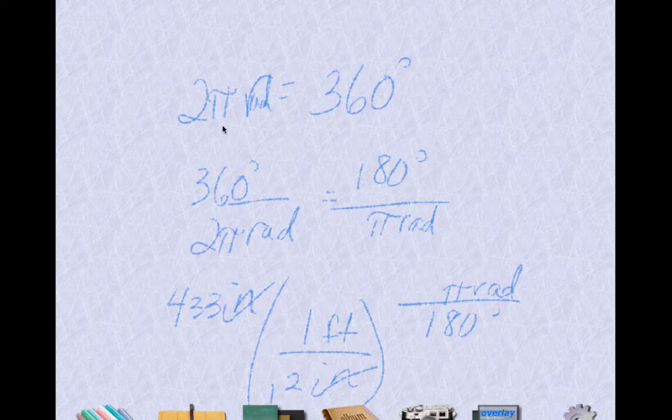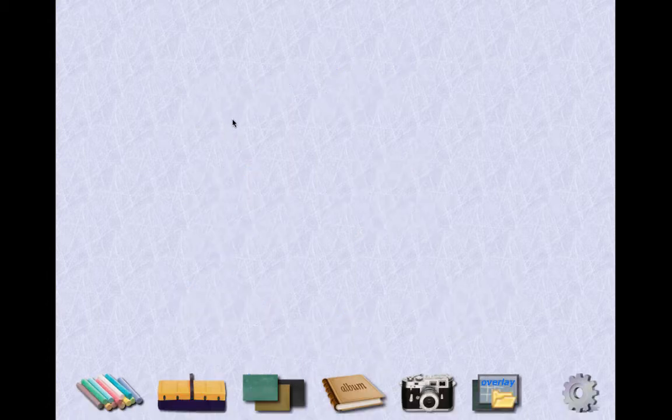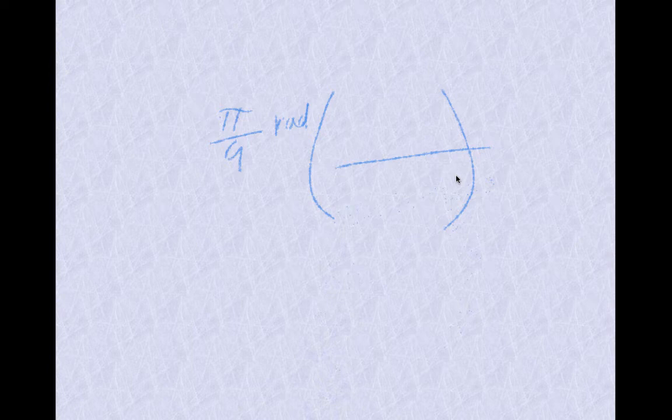So if you're asked to, say, write pi over 9 in degrees, this is in radians. If I want to write it in degrees, then I want to get rid of radians, and I want to get degrees, so I put the 180 up here and the pi down here.